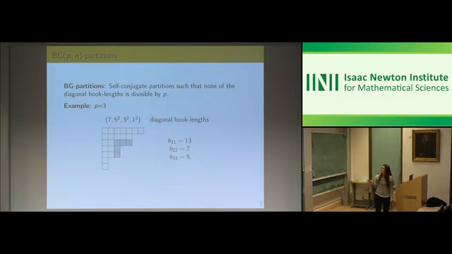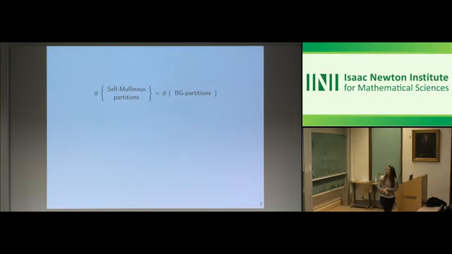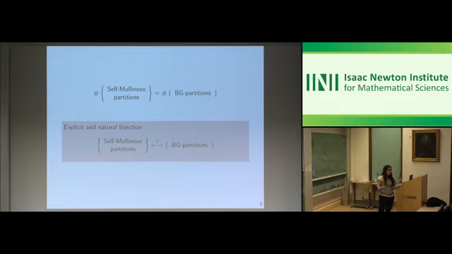So the set of all BG partitions has the same number of elements as the fixed points of the Mullineux map. For short, I'm going to call the fixed points of the Mullineux map self-Mullineux partitions. And the question is, we want to understand these fixed points.